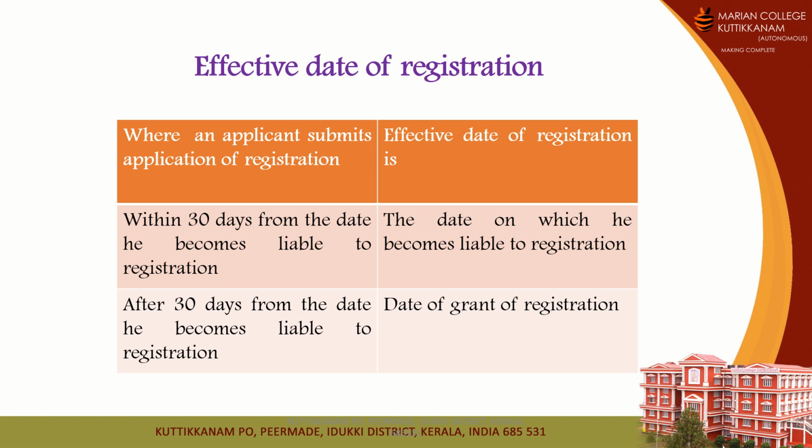So if a person becomes liable to registration on 19th August 2020, with effect from that date the registration is said to have happened. If the application is made after 30 days from the date he becomes liable to registration, then the date of grant of registration shall be considered as the effective date of registration.